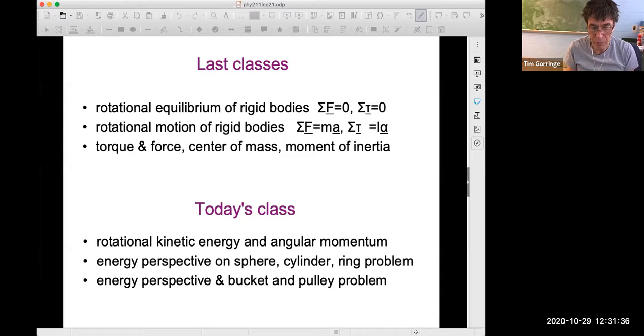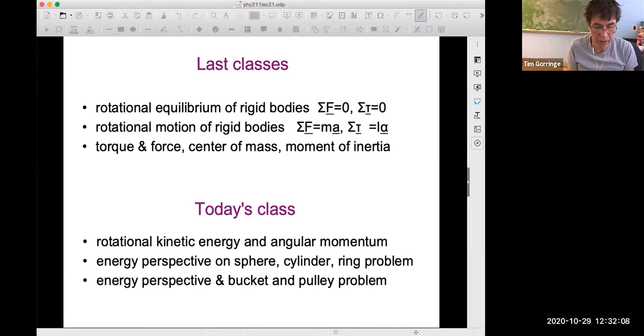Today's class, I want to move on and look at rigid body motion from a different perspective. We're going to introduce the concepts or ideas of rotational kinetic energy and angular momentum, the mirrors or analogs of translational kinetic energy and linear momentum that we talked about in the past.